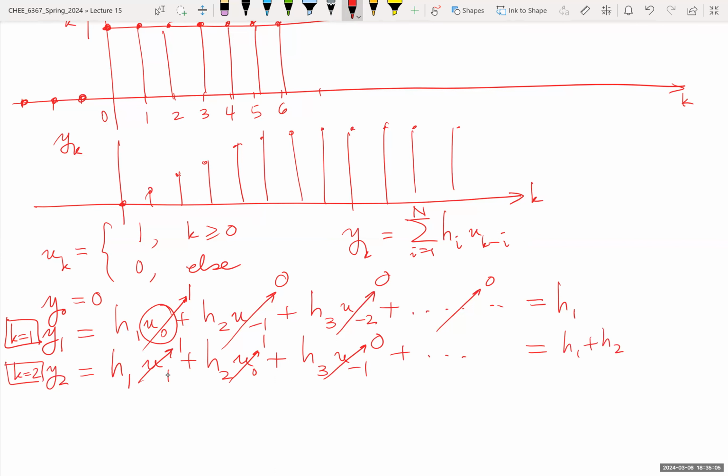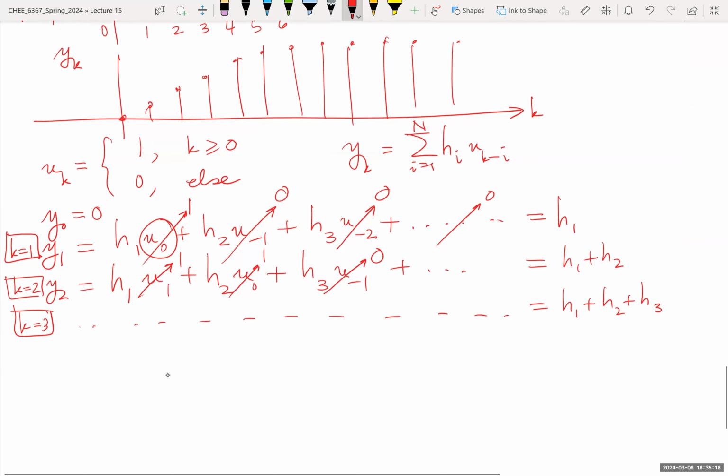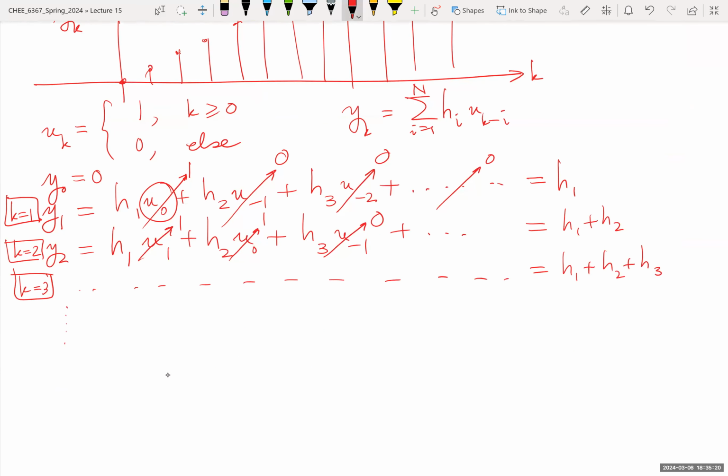And you keep going. So k equal 3 will give me h1 plus h2 plus h3, and I'll keep going like this. General k will be h1 plus h2 plus and so on. Now, in fact, the final k that I will have is an n, which is going to have hn, right?